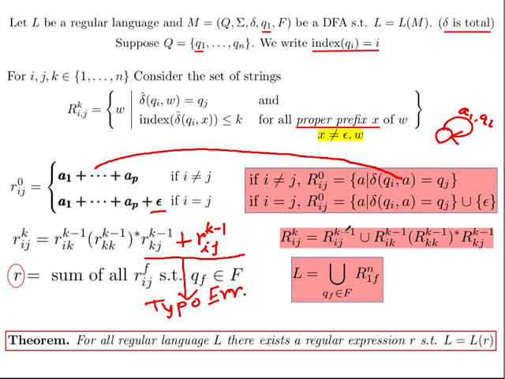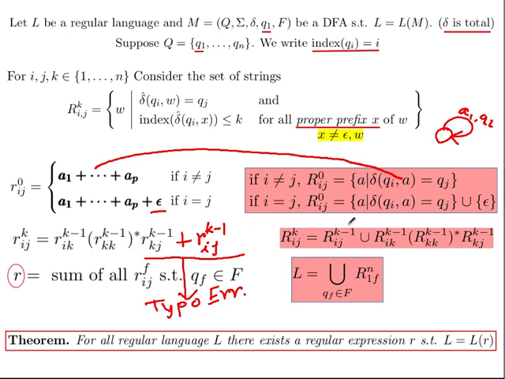This union is captured by this plus. So recursively we can define this. We have already defined this thing, and here it's the same: concatenation is concatenation and Kleene star is Kleene star.